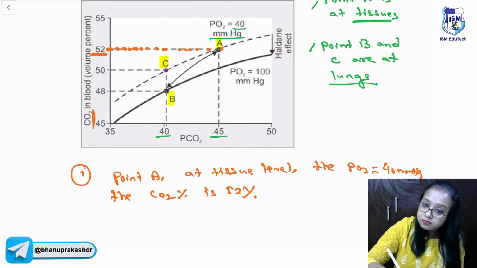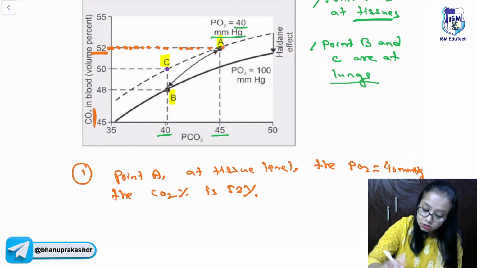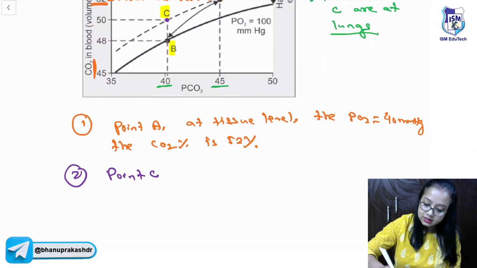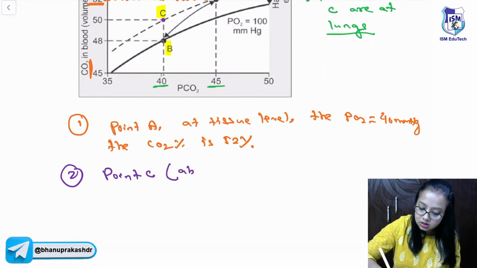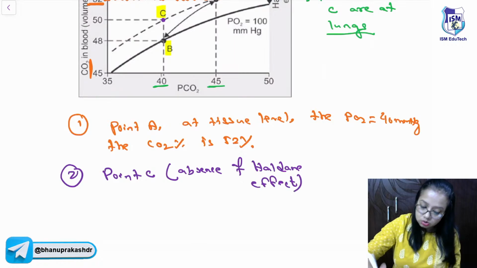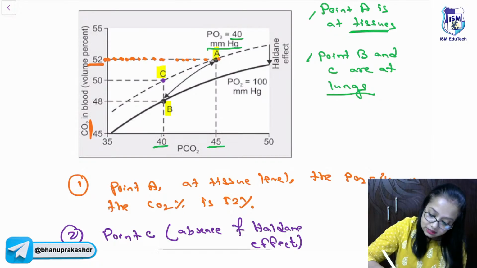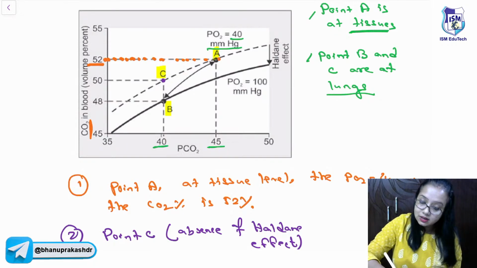So, point C, what does it show? It shows absence of the Haldane effect. When this venous blood at a partial pressure of like 40 comes to the lungs, B and C are at the lung.